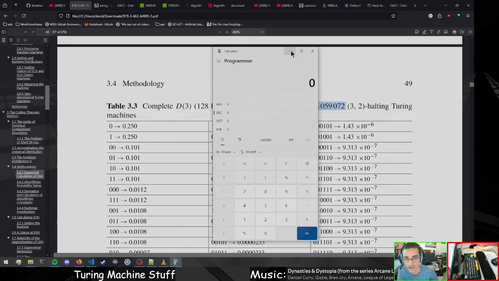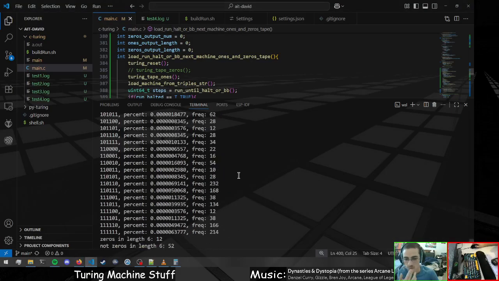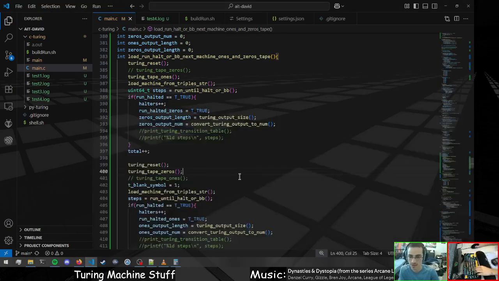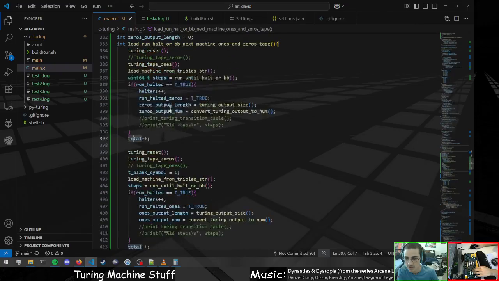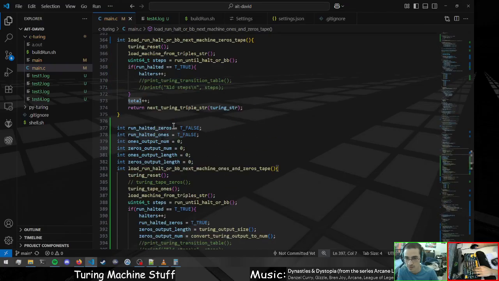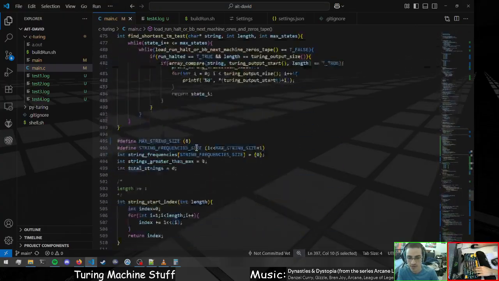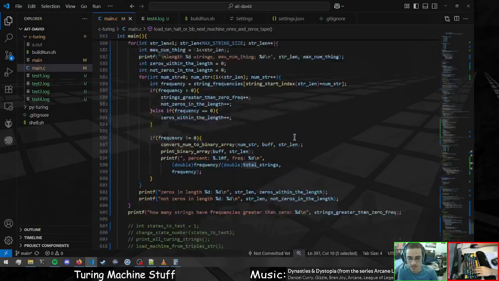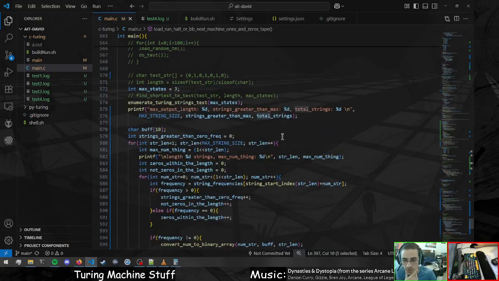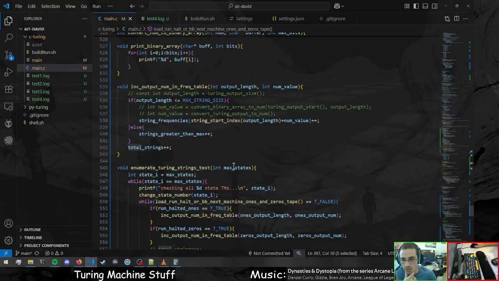I am considering more machines than they are. What is happening here? Maybe it's this. Do I ever use total again in the calculation? I don't think I do. No, I don't really. I use total strings though. Oh my god, okay, I do use total strings.